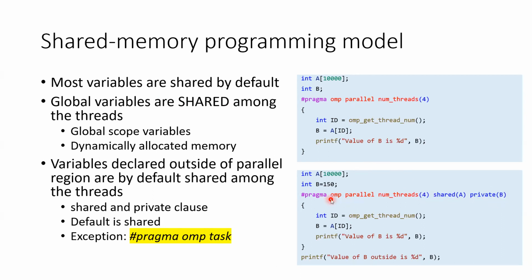Here we will follow the default behavior as per these rules. But if you specify explicitly that A is shared and B is private, and then you run this code without specifying int B, you will be executing the same thing as when you use the int B here as a private.